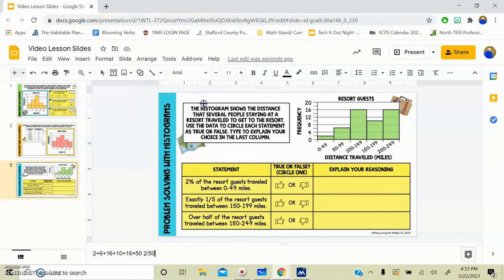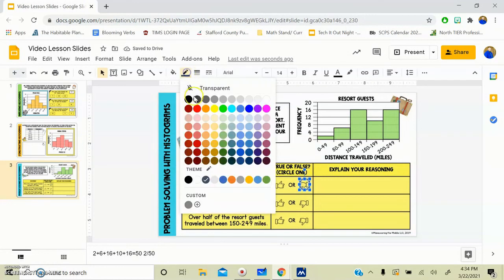So what I want to do is put a circle around it, and I'm going to choose for it to be transparent, just like that. That is not true.